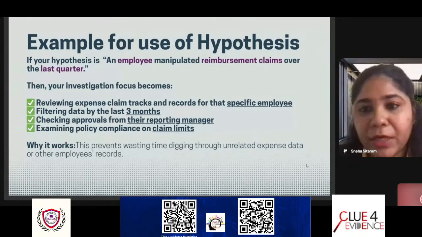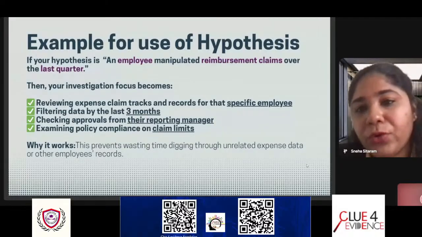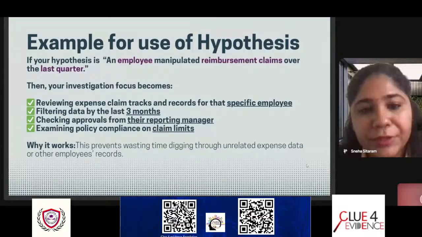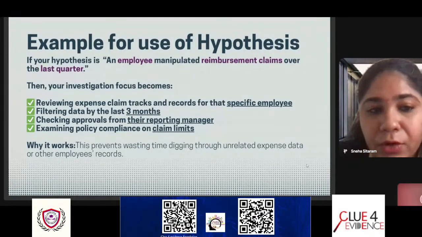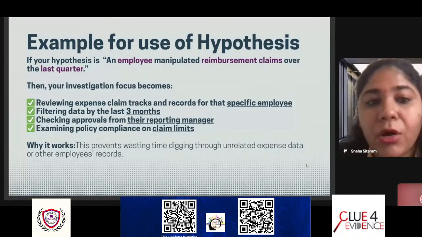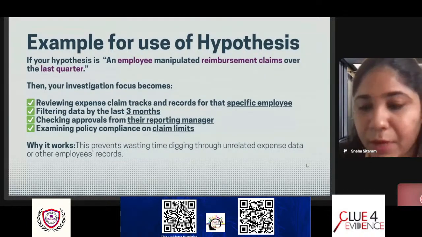If we know the specific employee, it will be easier for the investigation focus, and time would also be saved, and there will not be any digging into unrelated expense data or other employee records.